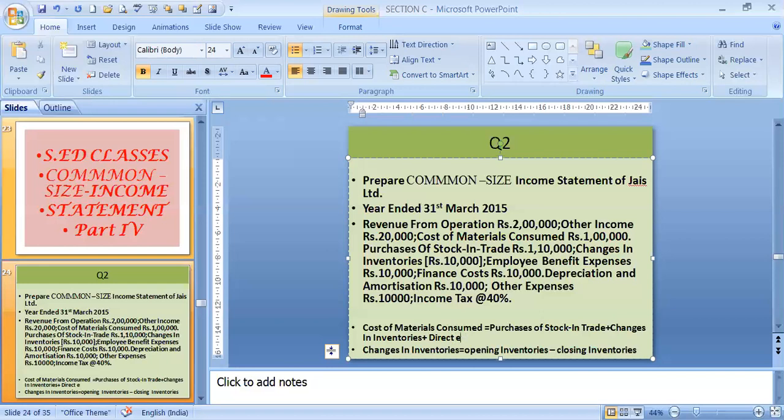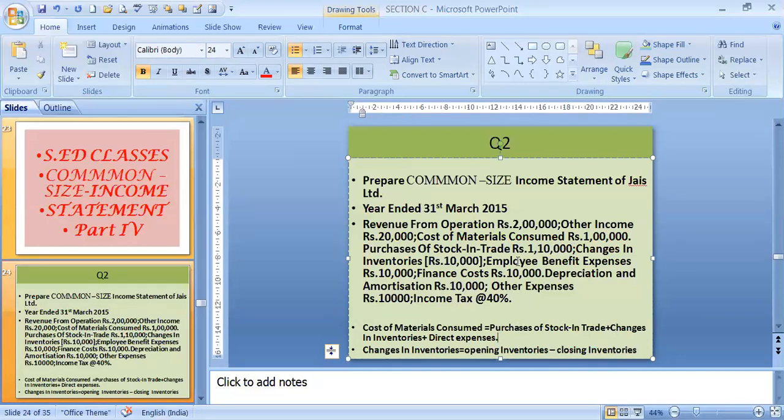In this sum, you have got cost of material consumed 1 lakh, purchase is given 1 lakh 10, changes in inventory negative 10,000, and no direct expenses. So we will take purchase of stock and changes in inventory.